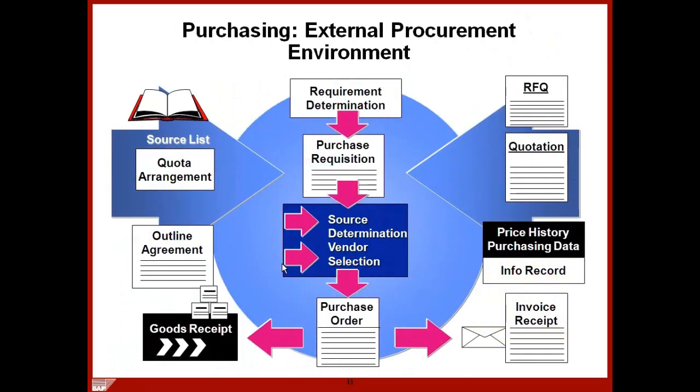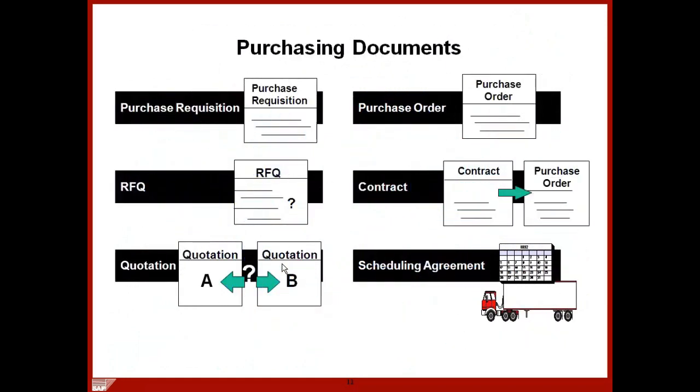Then we discuss the individual objects within the procurement cycle, whether it is a purchase requisition or a purchase order or RFQ or a bid or any invitation. We will go and discuss all those objects.